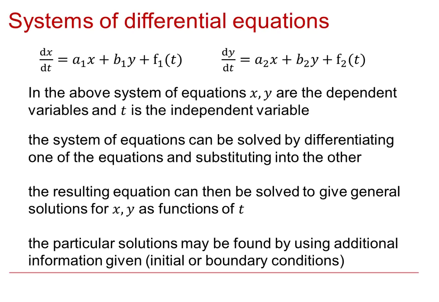A system of equations can be solved by differentiating one of the equations and substituting it into the other, as per the example we've worked through. The resulting equation can then be solved to give general solutions for x and for y, both as functions of t. And the particular solutions may be found by using additional information given, either initial or boundary conditions.